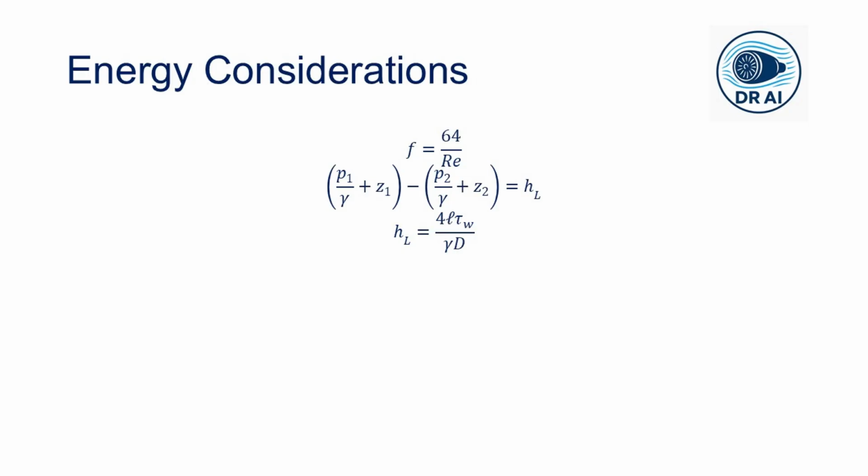And using our earlier relationships, we can connect this head loss directly to the wall shear stress, leading to the following equation: HL equals 4 L tau W divided by gamma D. So the head loss is directly proportional to the wall shear stress. The harder the fluid has to work to overcome viscous resistance at the wall, the more energy is lost.